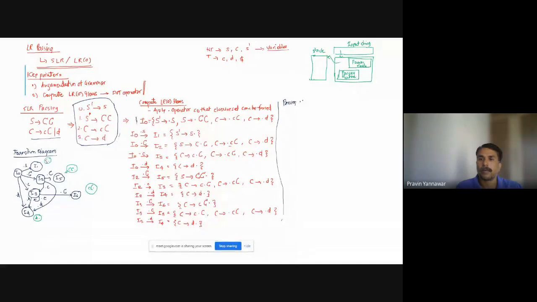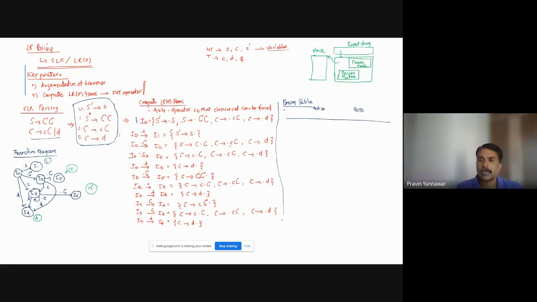As we have discussed, a parsing table has some attributes, and it has two parts which we have clearly understood: that is called action, and the next part is called goto. So action and goto are the two parts.